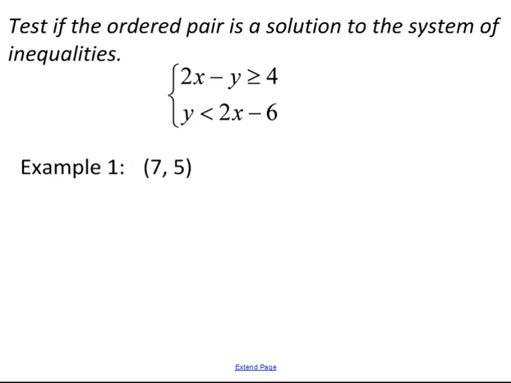So let's do an example. I have the point (7, 5), and I need to check it in this system, so I'm going to plug it into the top equation first.